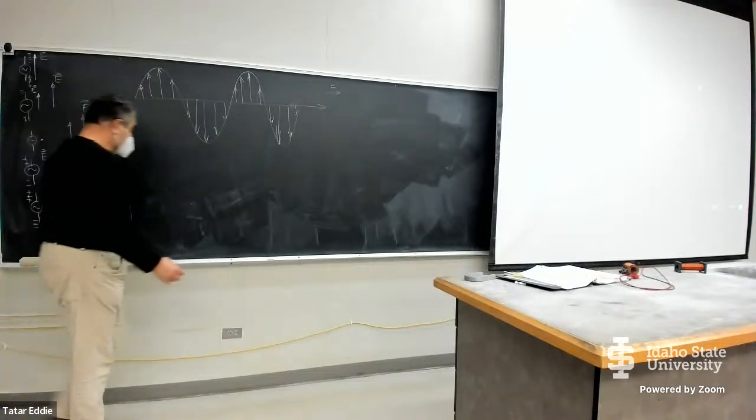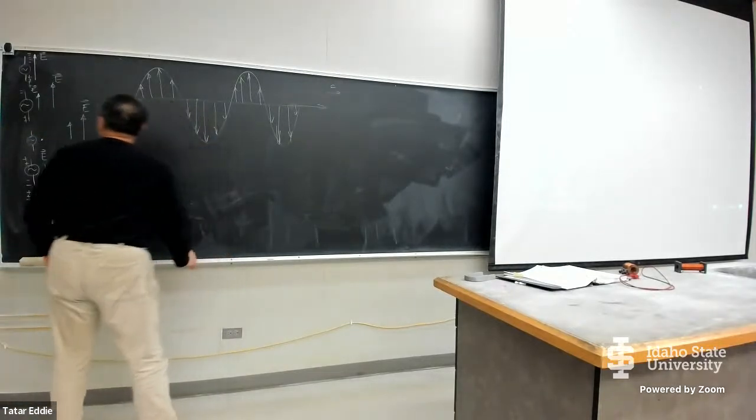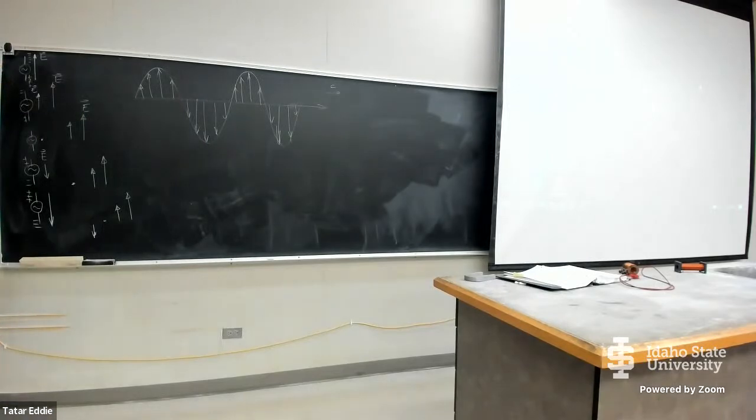In addition to that electric field, look what happens on the terminals of this generator. Here you have a lot of positive charges on this terminal and a lot of negative charges on this terminal. A little bit later, the number of charges dropped.